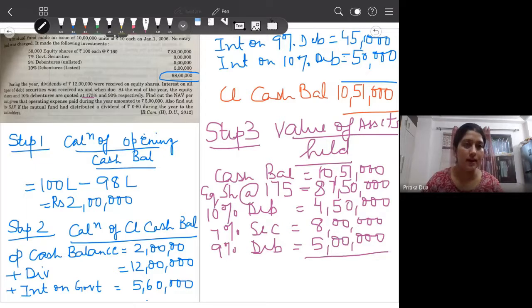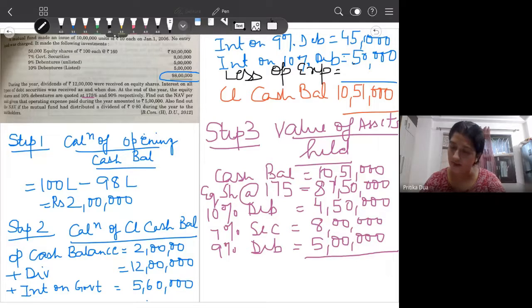You are also given that some operating expenses have been paid during the year. So in the closing cash balance, I think I had already deducted them, I have not written it here. You need to deduct the operating expenses here. That is giving you the closing cash balance.